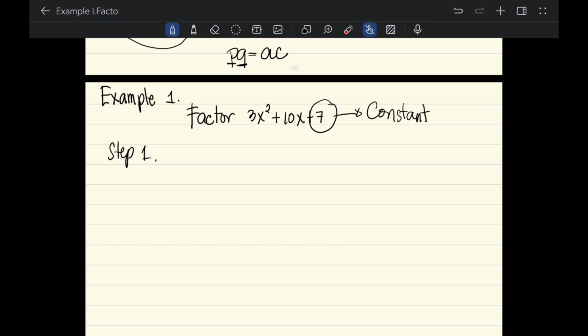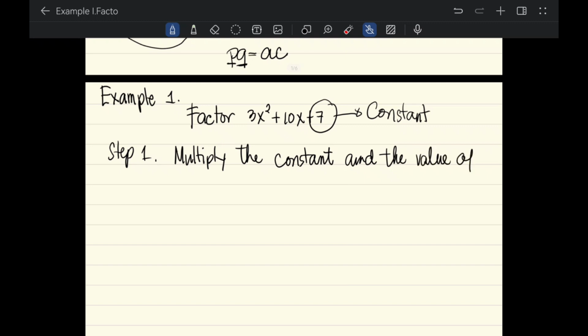We need to multiply the constant and the value of a. Now, positive 7 is our constant, and here, 3 is the value of our a. So, we need to multiply 3 times 7, that is 21.